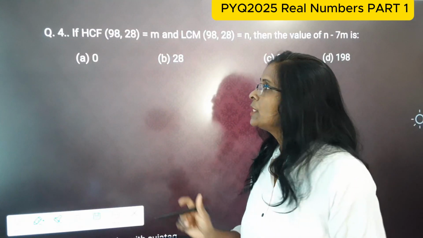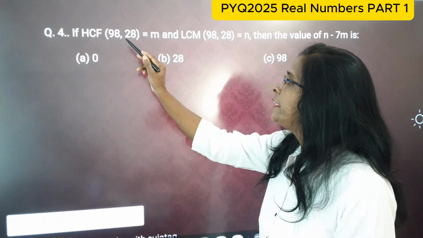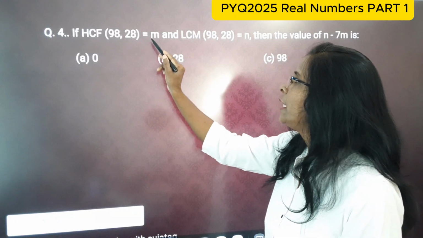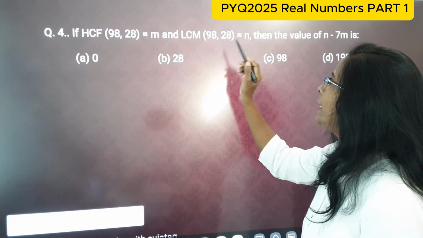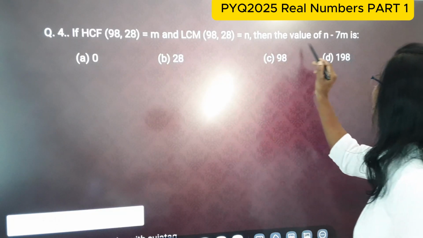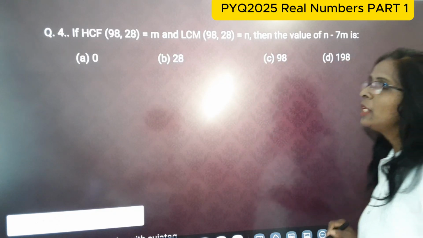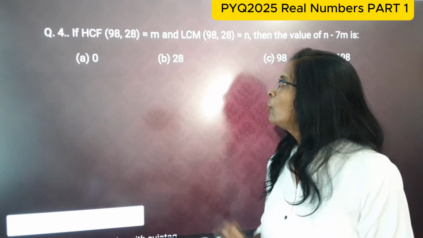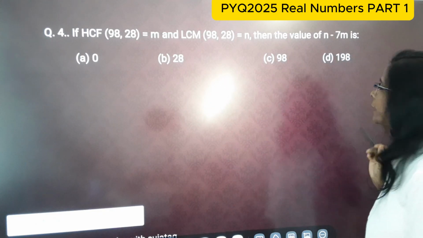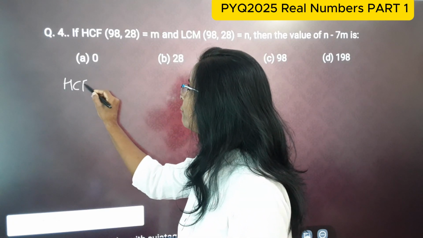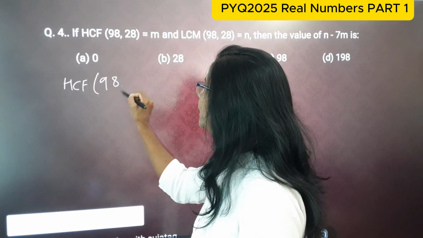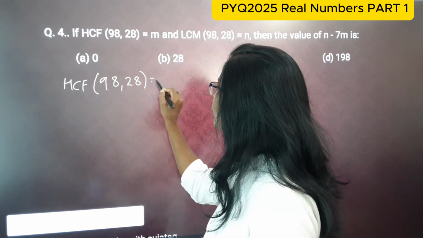Question 4, students. If HCF of 98 and 28 is equal to n and LCM of 98 and 28 is equal to n, then the value of n minus 7n is, options are 0, 28, 98 and 198. So now the HCF of 98 and 28 is equal to n.